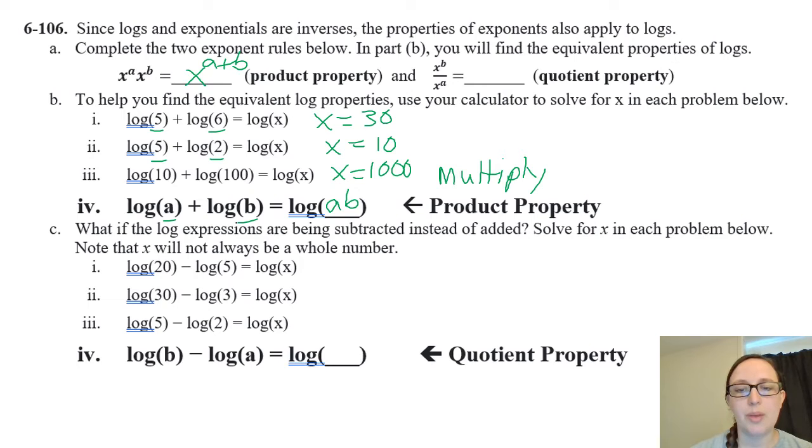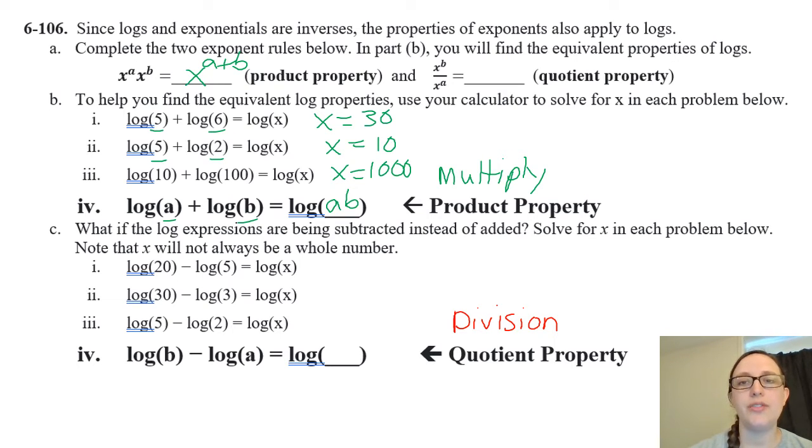That's the quotient property. Quotient is the answer to a division problem. When we have subtraction, we are going to divide the numbers inside of the logs to combine them. It's a lot like the exponent quotient property, just backwards.